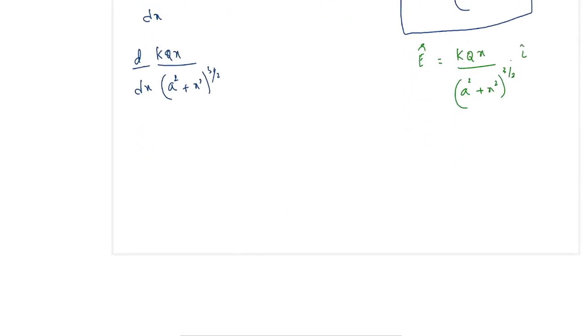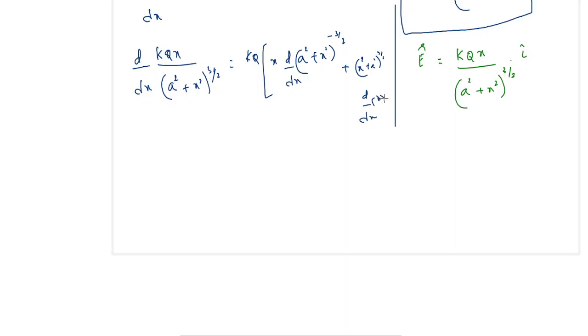to, we first differentiate any one term. So kq comes out. We'll differentiate the bottom term. It will be d by dx of this, which becomes (a square plus x square) power minus 3 by 2, and then plus we'll keep x as it is and differentiate. We'll keep x as it is, that is, (x square plus a square) power 3 by 2 as it is, differentiate with respect to x.